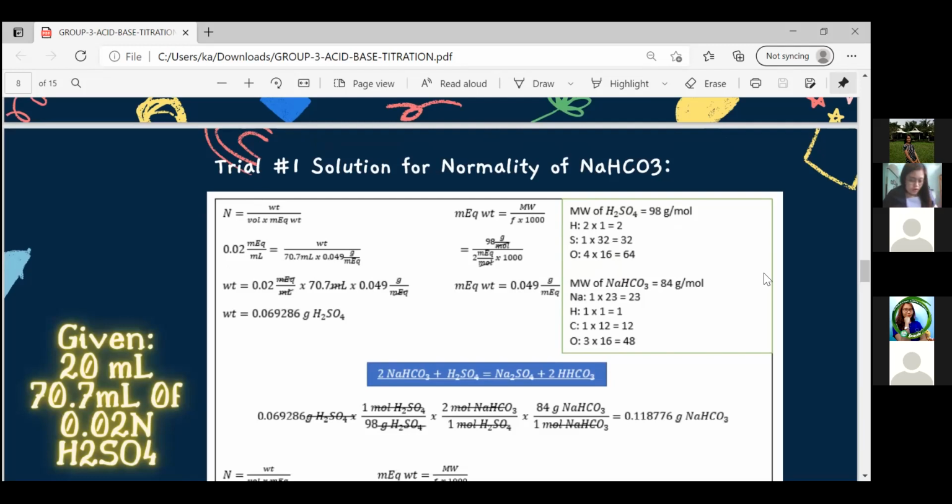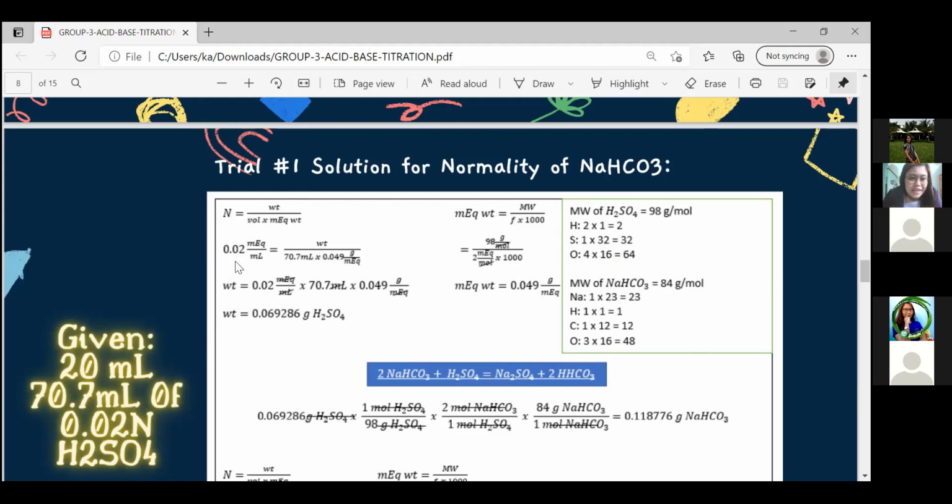Remember, gihatag na ang concentration and it's 0.02 normal. Given iyahang volume, given iyang normality, but what we are looking for first is the amount in grams of the sulfuric acid. That is why we need this formula, class. Normality is equal to weight divided by the volume times milliequivalent weight.